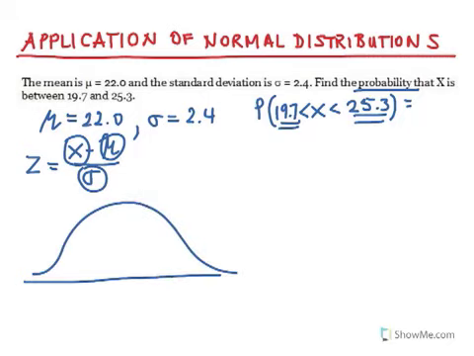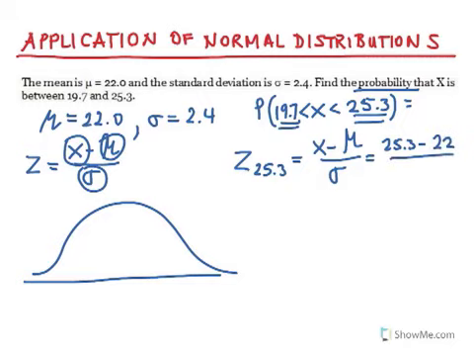So let's find the z of 25.3 first. So the z of 25.3 will be x minus mu over standard deviation, which will be 25.3 minus the mu of 22 over standard deviation of 2.4. And that will give us a z of 1.38.